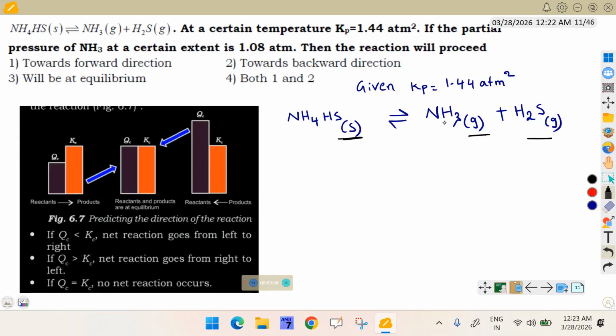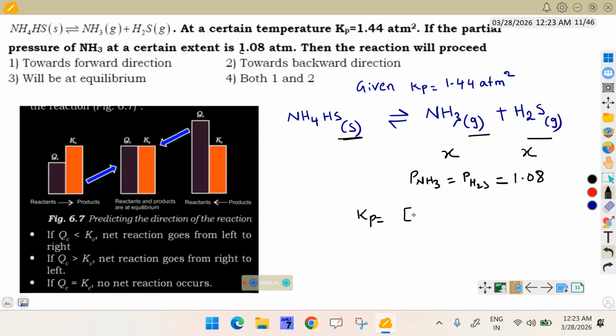At equilibrium, X amount of NH3 and X amount of H2S is formed. That means at equilibrium, the partial pressure of NH3 is equal to the partial pressure of H2S, which is the value given, 1.08.